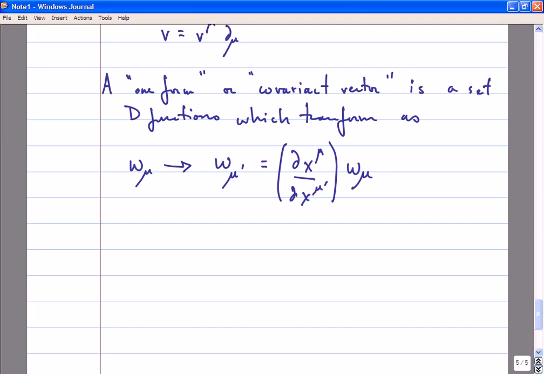So this is the precise sense in which a one-form transforms in the exact opposite way as a vector. And as you might suspect, whereas a vector is referred to as a 1,0 tensor, a one-form is a 0,1 tensor. You can probably see where this is going.